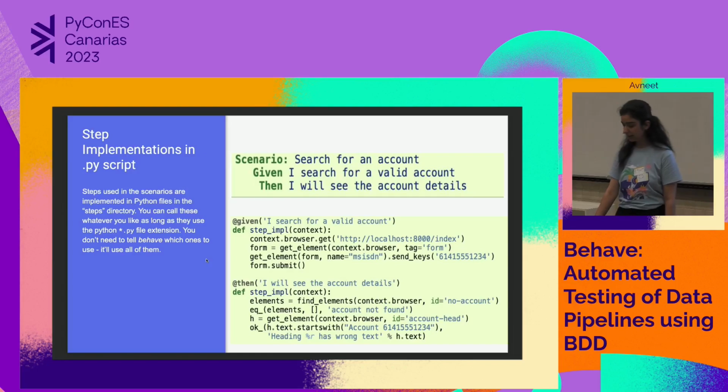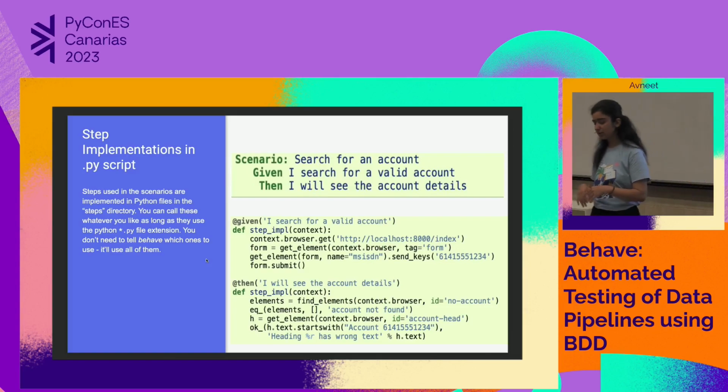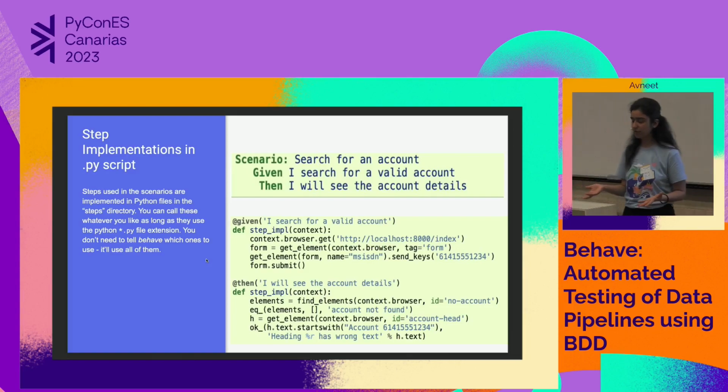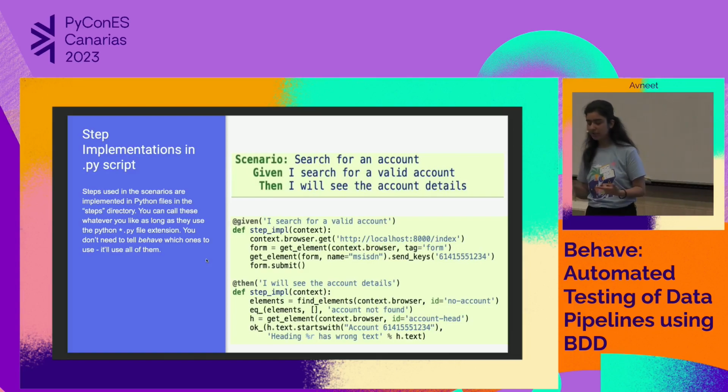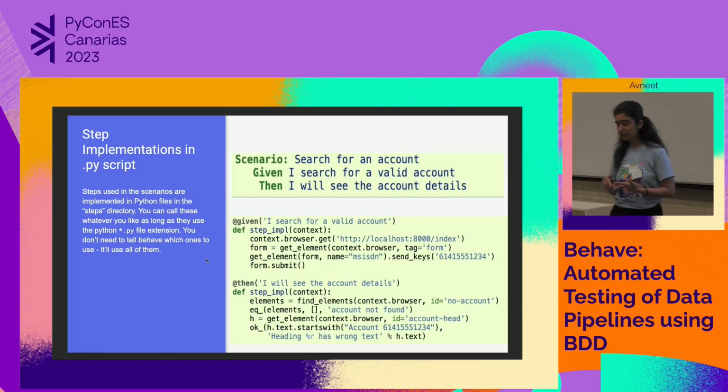And then each feature file that we have defined before is associated with a corresponding Python file, and in that Python file you have your given, when, and then statements. In this particular example, which I took from the documentation, there are only two statements, given and then.